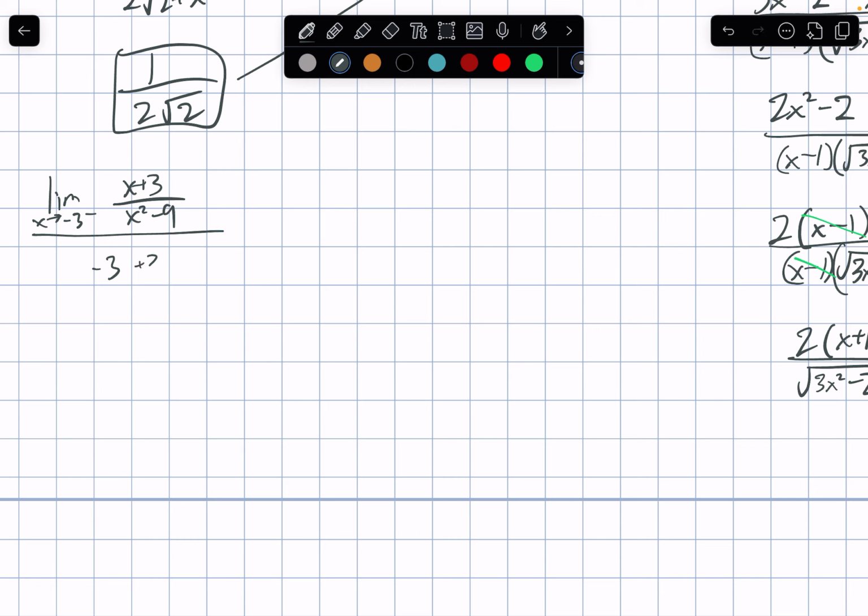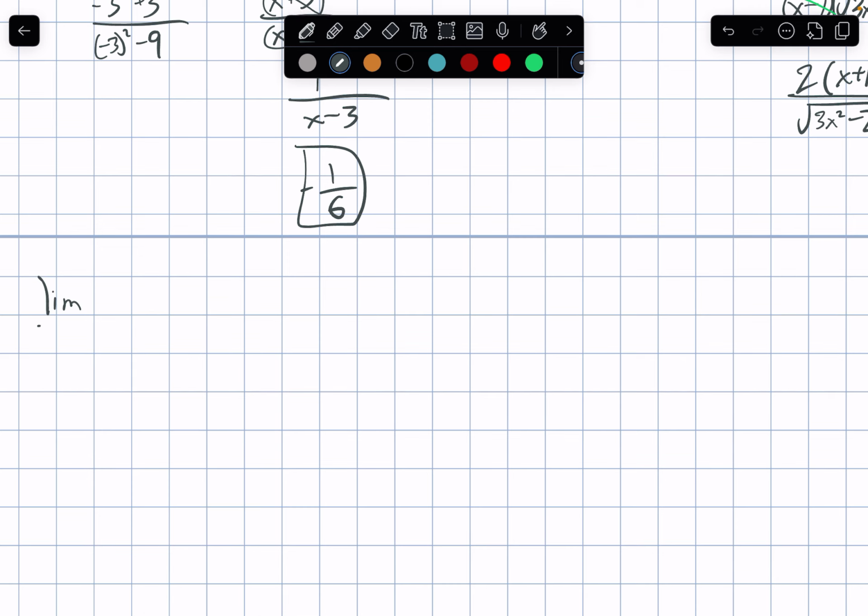So clearly we cannot directly substitute. So find something to factor. Cancel. 1 over x minus 3. That's going to be negative 1 over 6.